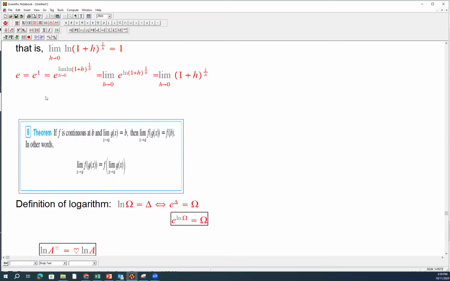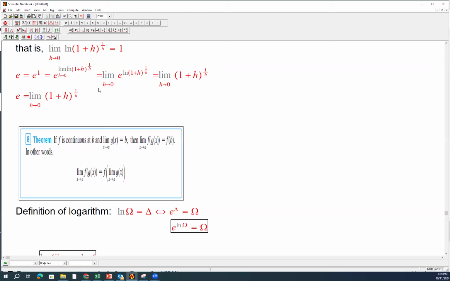So now what do we get? If you look at the leftmost side of this string of equal signs and the rightmost side of it, we found that e is equal to a limit. And this limit is an interesting one.